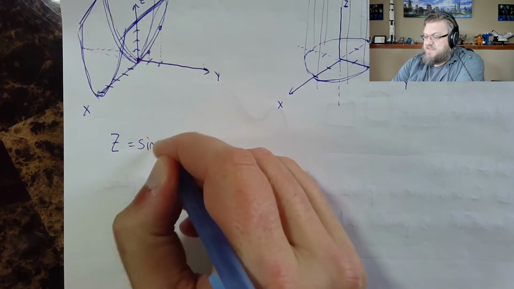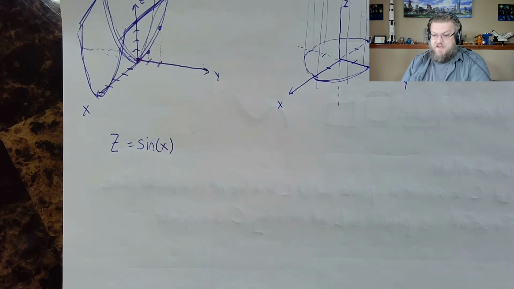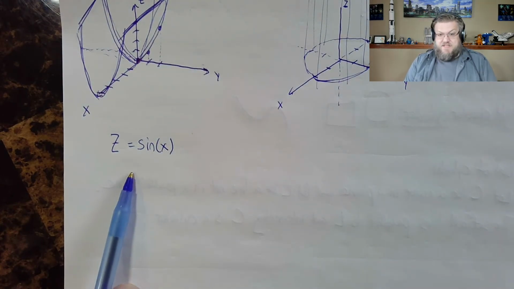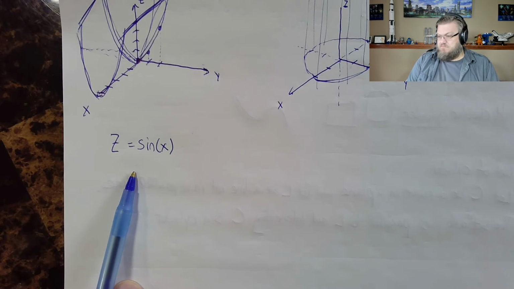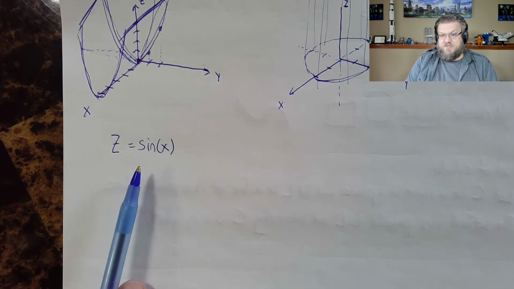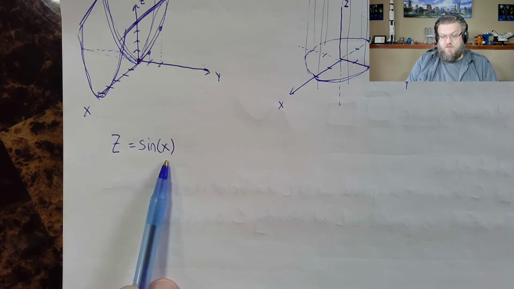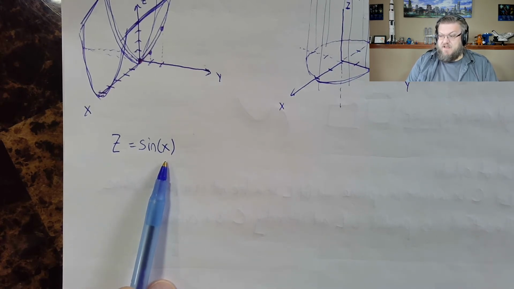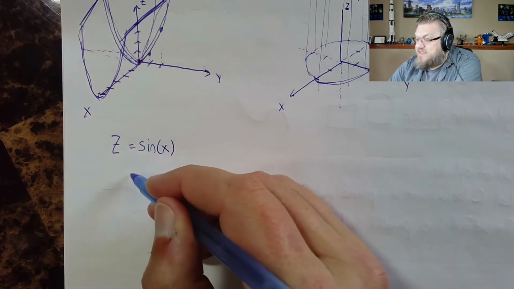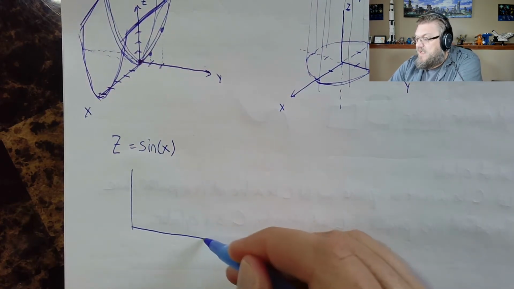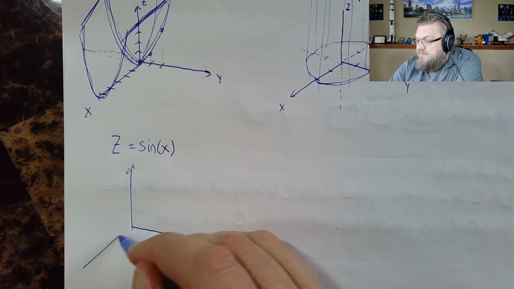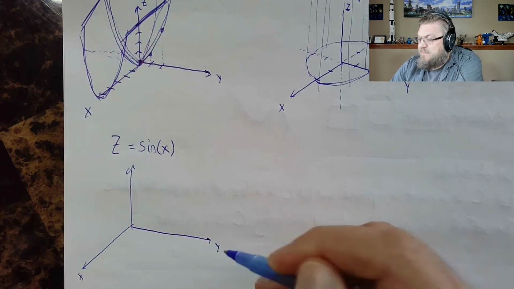What do you make of this? Z equals sine of x. Well, again, in a 3D context, y is missing. So one way to approach this is to think of what it would look like in the xz plane, and then just make copies of that. If I was to do a hand sketch, I would have to do something like x, y, z.